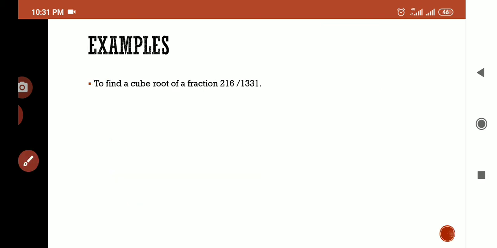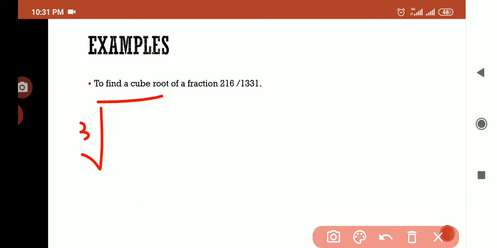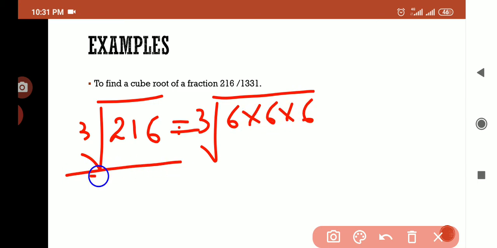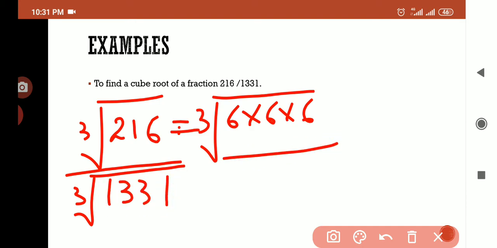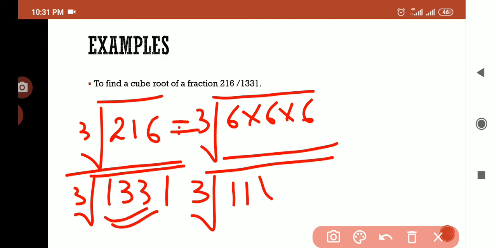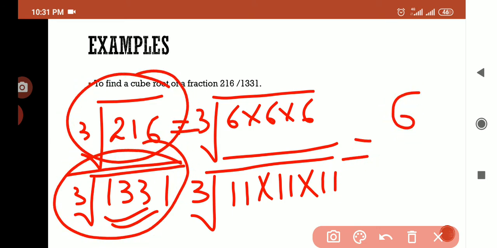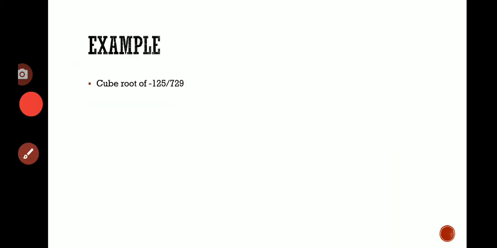The prime factors of 216 are 6 into 6 into 6, and the prime factors of 1331 are 11 into 11 into 11. Then the cube root of 216 is 6 and the cube root of 1331 is 11. Is that clear? Now let us go for the second example.